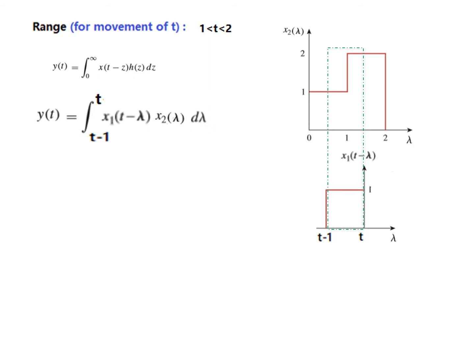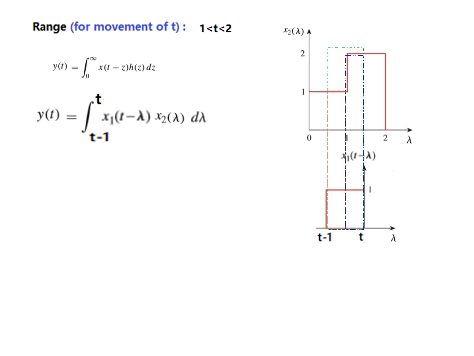Now if you see, this can be broken down into two parts. This is one part where 1 is multiplying with 1, and this is the other part where 2 is multiplying by 1. So how do we divide the integral now? For the first part, it is from t minus 1 to, what is this point?